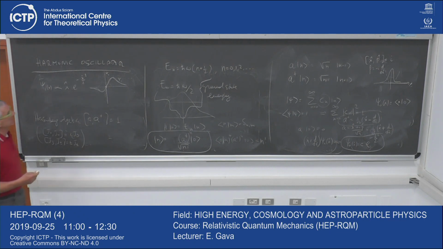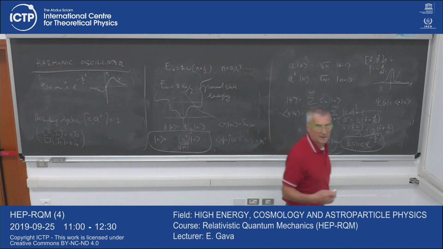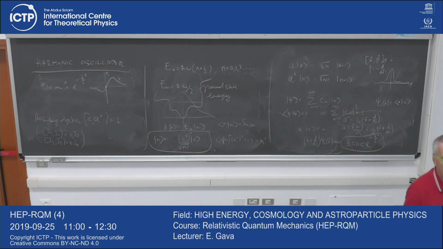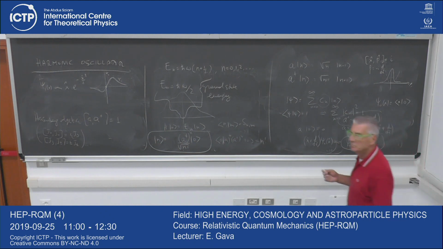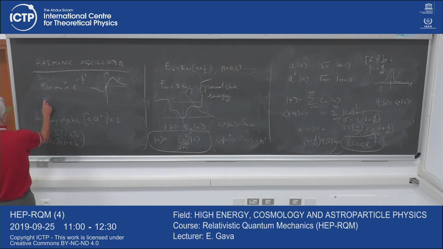And of course, what is more meaningful is the modulus squared of psi, because that gives the probability density. The probability density, say P_n of x, is given by the modulus squared of psi n. When you integrate this over the whole axis, you get 1.